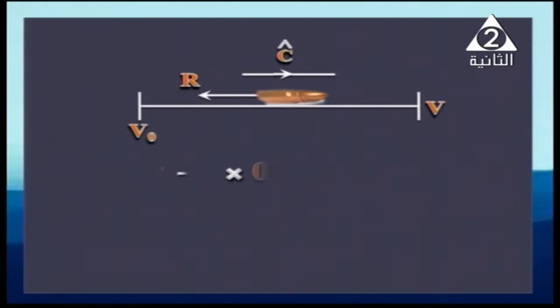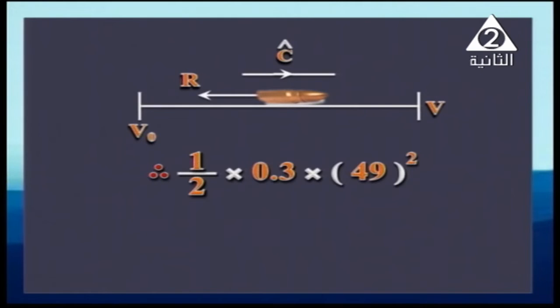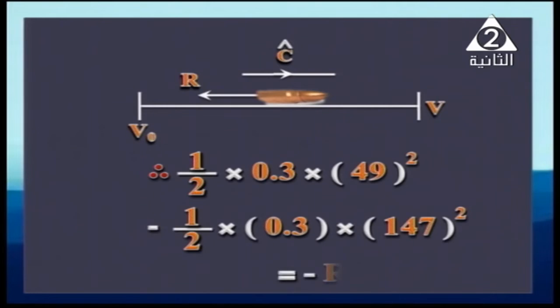By substitution, T minus T naught equals negative R times 0.07. Then half mv squared, v final is 49, v naught is 147. Then half times 0.3 times 49 squared minus half times 0.3 times 147 squared equals negative R times 0.07.